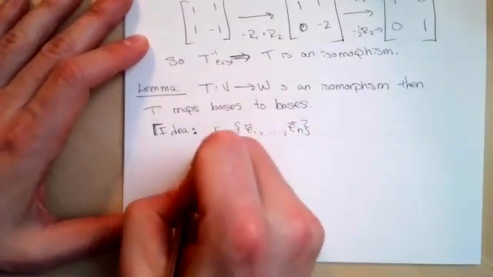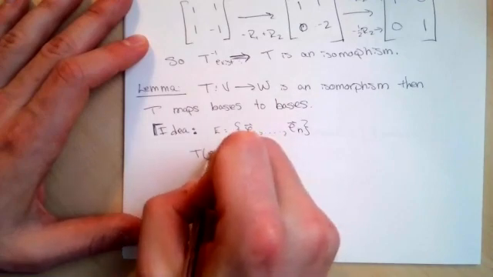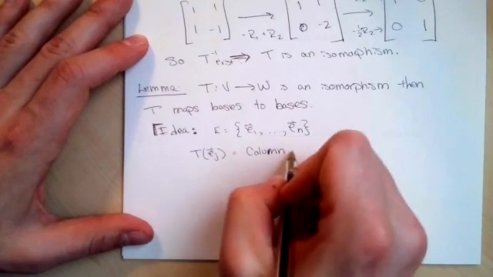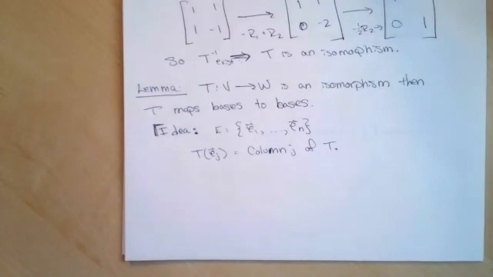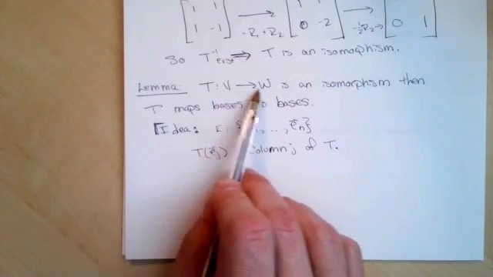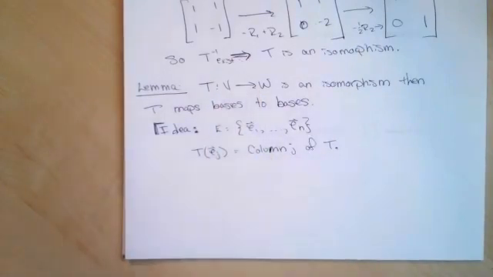And I know that the image is going to give us that respective column, column j of T. So in some sense, since the columns of T have to be linearly independent, and the rank has to be the same as the dimension of the space, then the number of linearly independent column vectors in T is going to be the same as the dimension of the space.